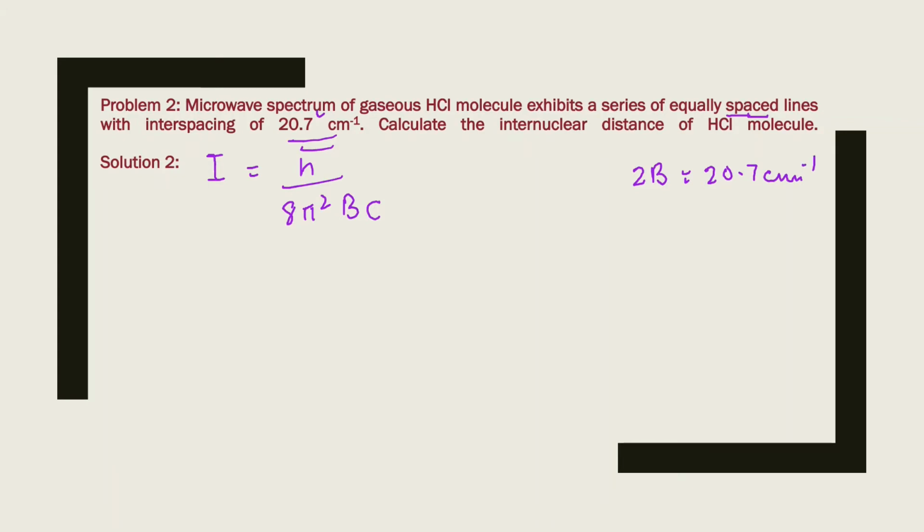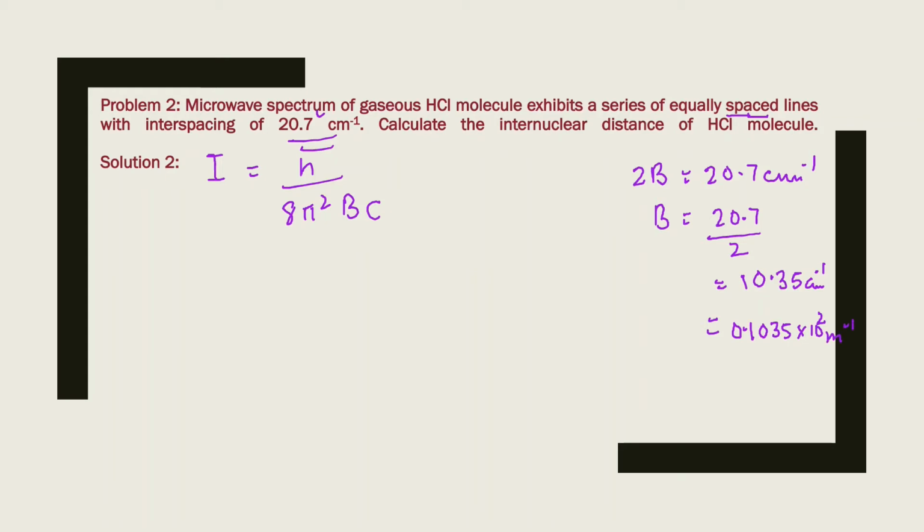So when 2b is equal to 20.7, therefore b is equal to 20.7 over 2, which comes out to be 10.35 centimeter inverse. Or it can be written as 0.1035 into 10 raised to the power of 2 meter inverse.